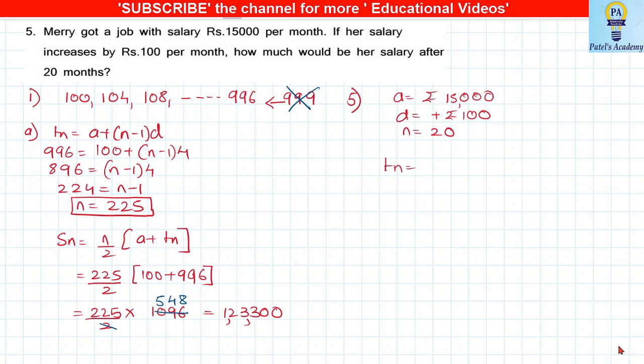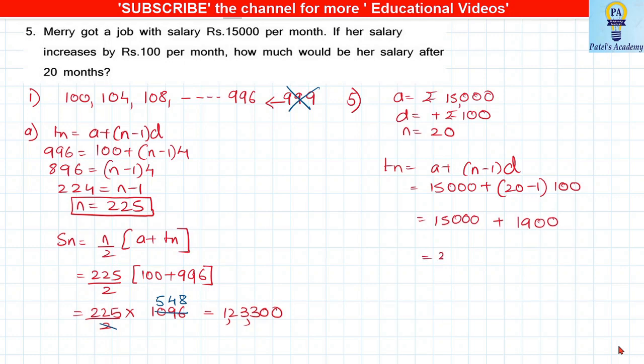Let us use the formula Tn equals a plus (n minus 1)d. So the first term is 15,000 plus n is 20 minus 1, d is 100. That is 15,000 plus 20 minus 1 is 19, times 100 is 1900. That is rupees 16,900.